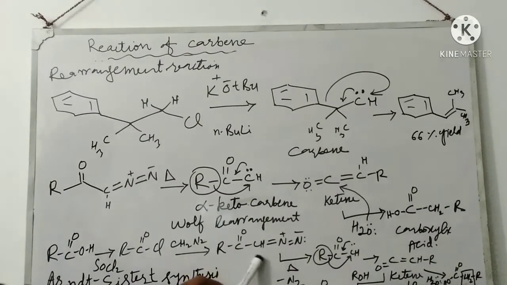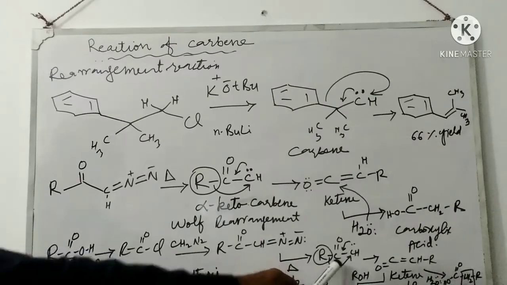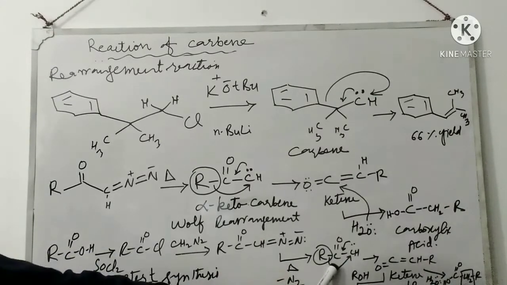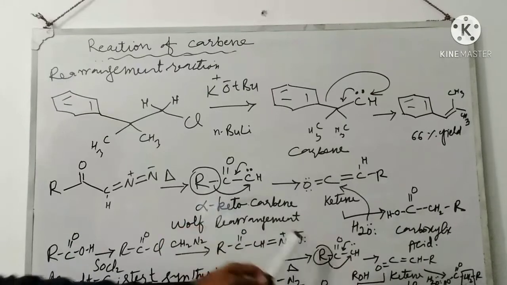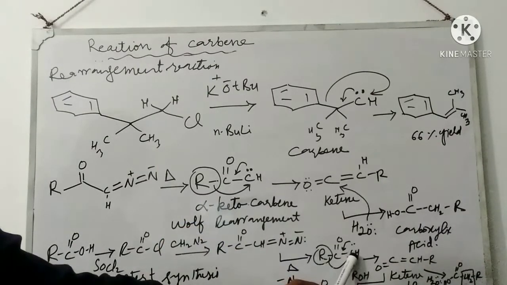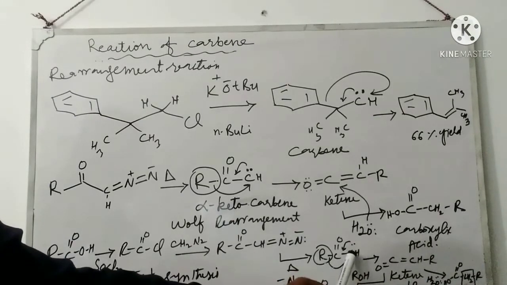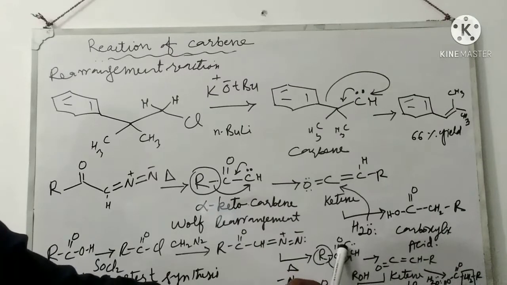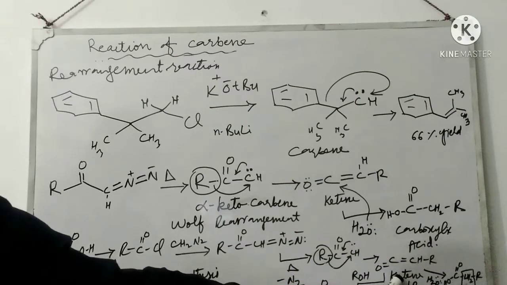When this azo compound is heated, it generates this carbene. Then this carbene undergoes Wolff rearrangement. The R group with its bonding electron pair migrates to the carbene carbon, and then the valence electrons of the carbene shift here to generate this ketene.